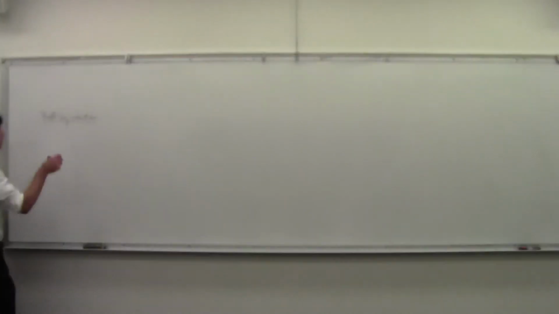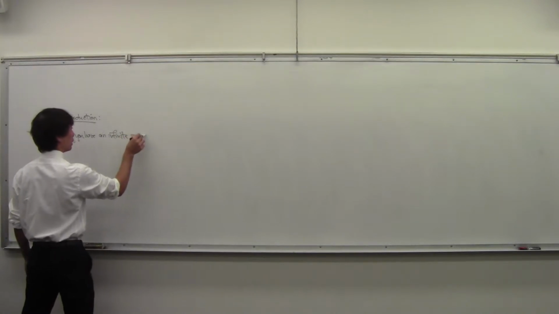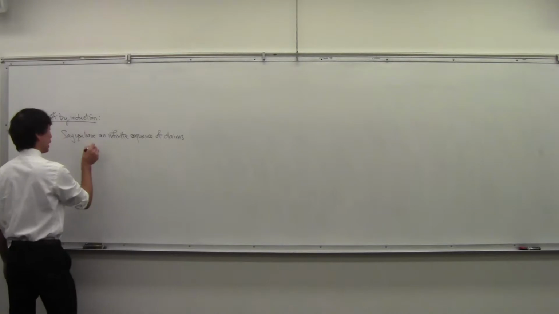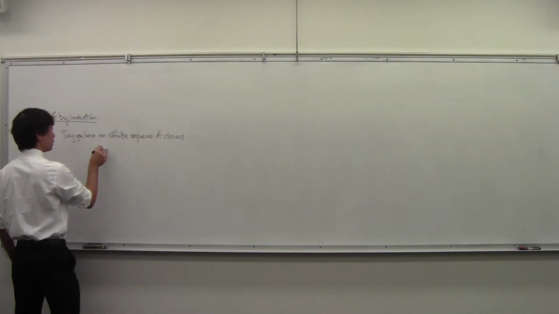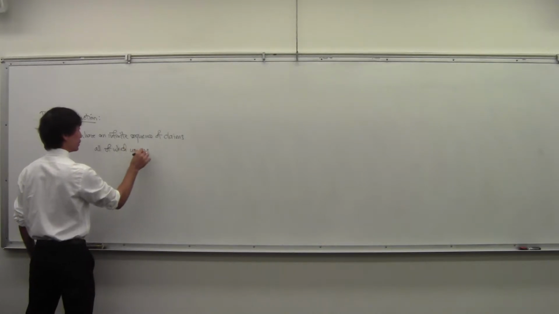So the idea is this. Say you have an infinite sequence of claims, all of which you want to prove true.